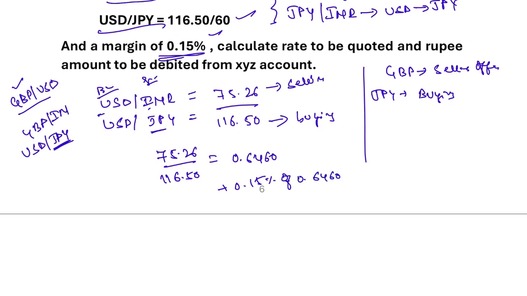It will become around 0.00969, I think, right? And so finally this will become 0.6470 in and around, right?